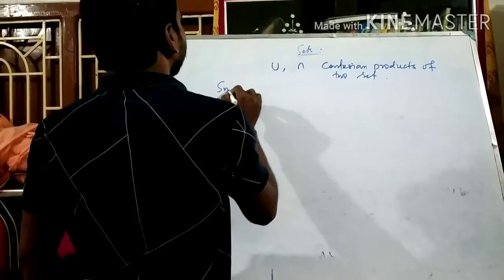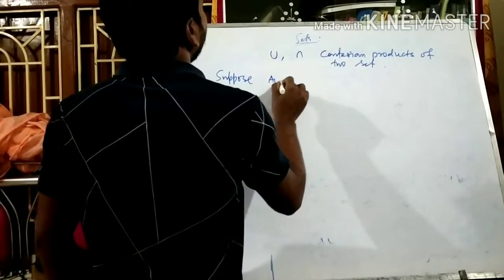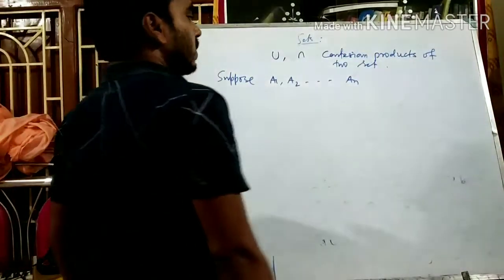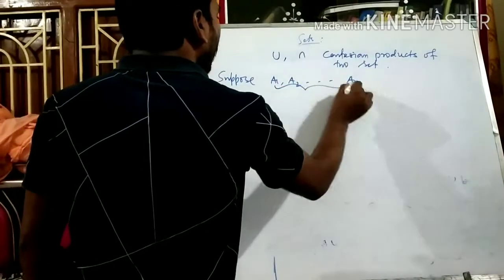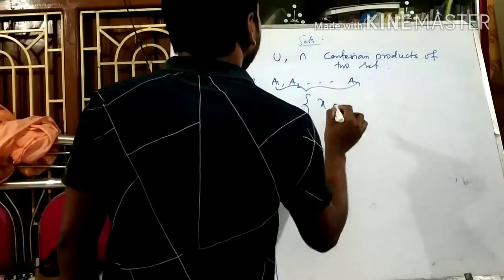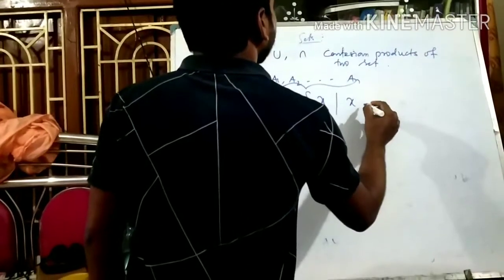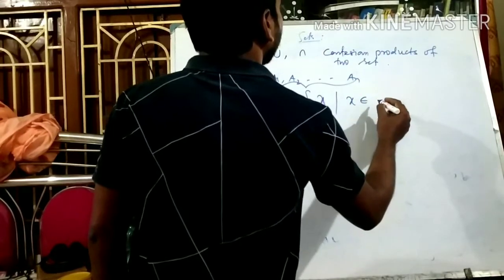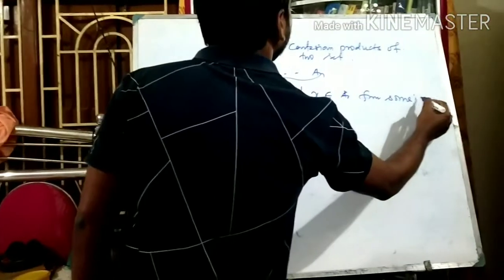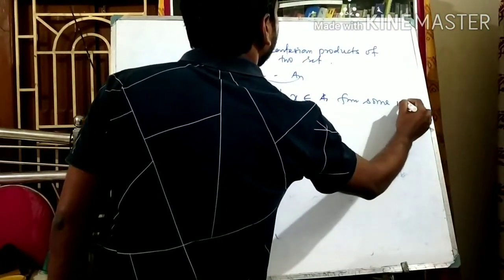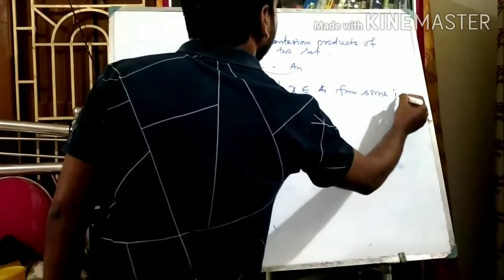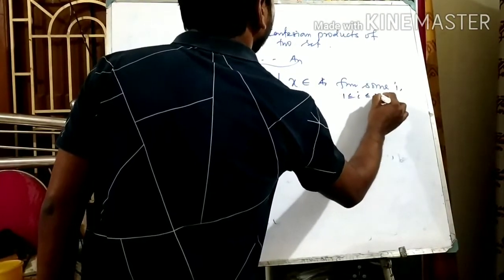So suppose A1, A2 up to An, these are all a finite number of sets. Then the union of all those sets is defined as x such that x belongs to Ai for some i, 1 less than or equal to i less than or equal to n.